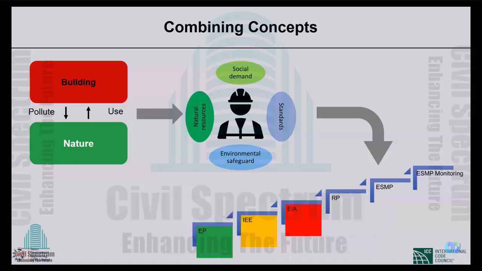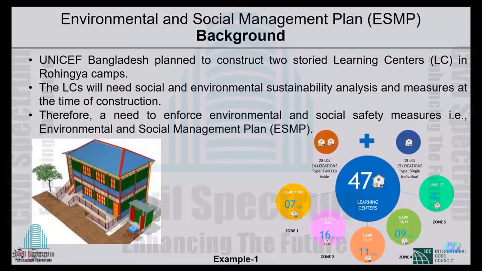Even then, for any site clearance, you need environmental clearance. That is mandatory. After that, if you produce the contaminations I mentioned, then you have to do the EIA and ESMP. I will give an example of what we have done.